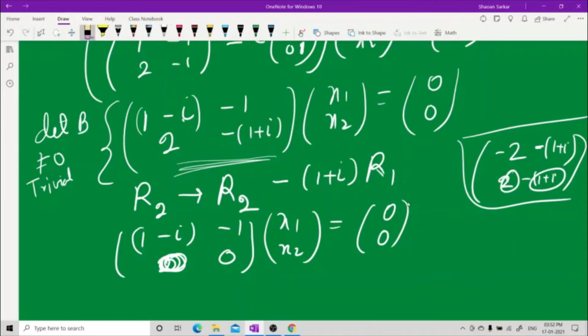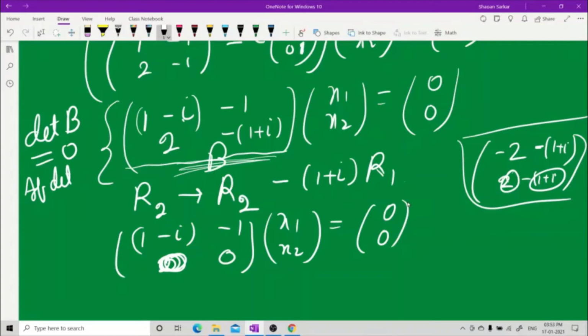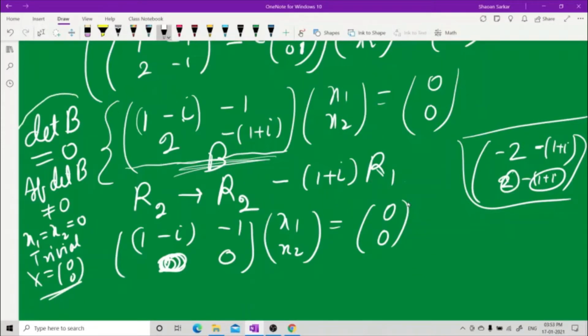I am repeating again: the determinant of B has to be 0. If the determinant of B is non-zero, the only solution will be x1, x2 equal to 0, which is a trivial solution and a trivial eigenvector. That means the eigenvector is 0, 0, the null vector, which is of no use. So the determinant has to be 0 for this type of matrix.